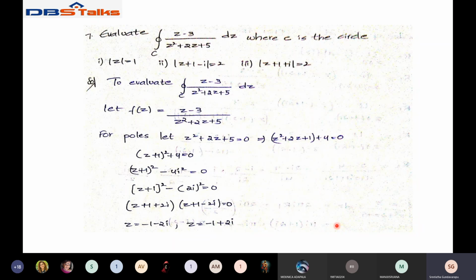So (z plus 1) whole square plus 4, then we write minus 4i square. So this is in the form of a square minus b square equal to 0, which can be written as (a plus b) into (a minus b). So (z plus 1 plus 2i) into (z plus 1 minus 2i). Here z equal to minus 1 minus 2i and z equal to minus 1 plus 2i. These are the two poles for the given f of z.